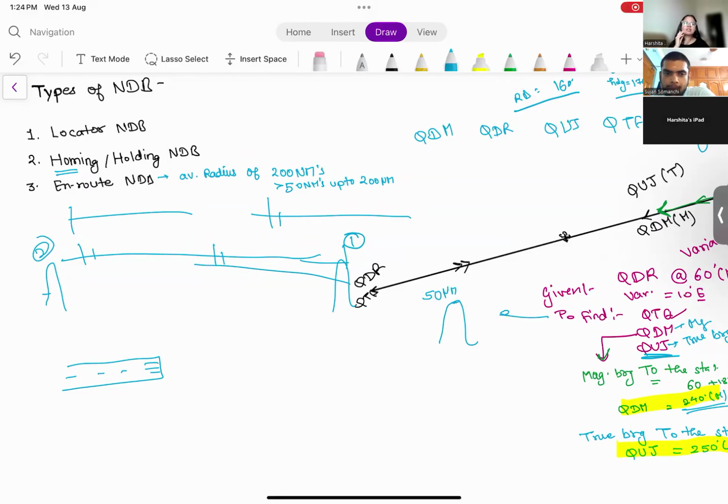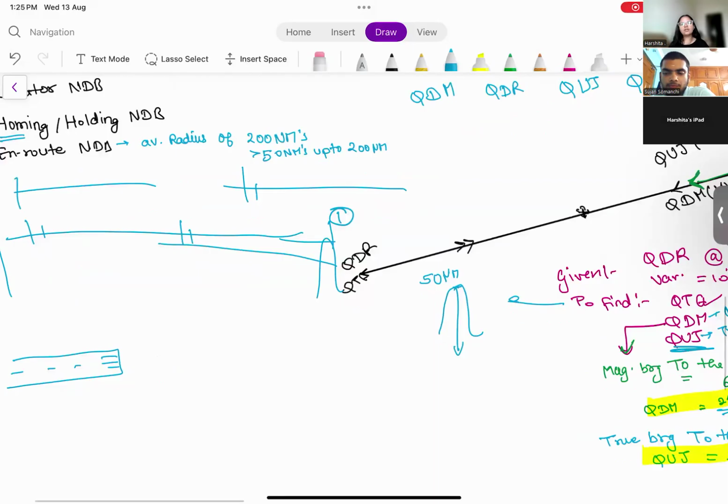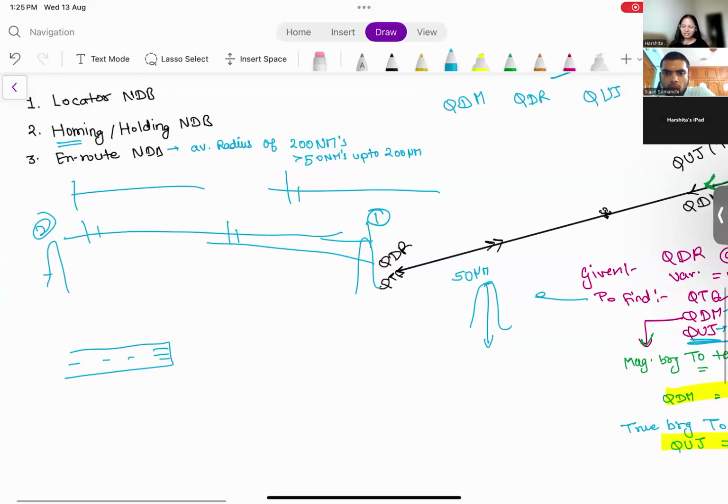Just like whenever any guest comes, there are few people who wait at the entry gate for the guest to come, right? One or two people stand at the gate and they are like, oh, okay, welcome, welcome, welcome, come inside, right? So that NDB is the homing NDB or the holding NDB, right? This NDB is situated at 50 nautical miles.